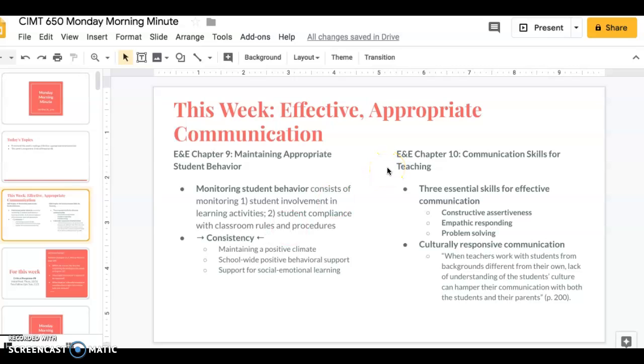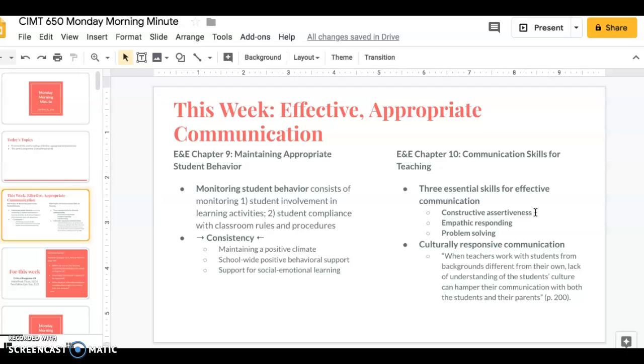Moving on to chapter 10, this deals much more directly with our theme this week, communication skills for teaching. The authors go over 3 essential skills for effective communication in some depth. The first of which is constructive assertiveness. Our authors point out that assertiveness is a sort of firmness that is derived from the legitimacy of the complaint.